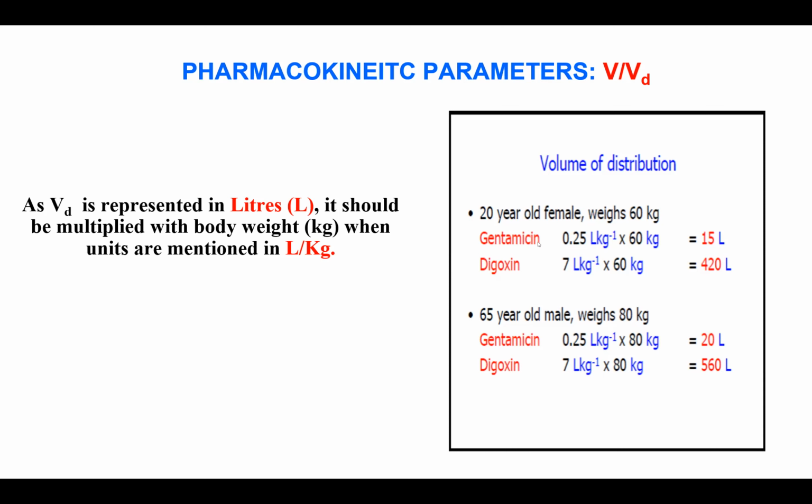Here are the examples. For gentamicin, we have a volume of distribution of 0.25 liters per kilogram. Therefore, if the patient weighs 60 kilograms, we will have a VD of 15 liters. This is actually lower compared to digoxin, which is 420 liters.